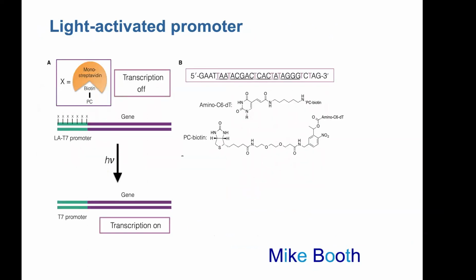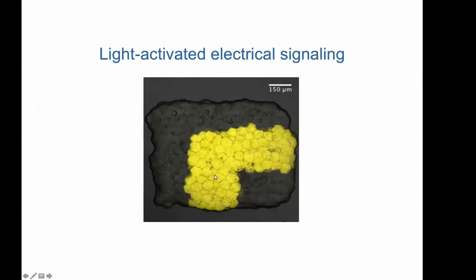So I think a couple of weeks ago, you heard from Mike Booth, and one way that we've been looking at this is to use his light-activated promoters, and that allows us to put a transcription and translation system into these droplets, and we can do that in a patterned manner. And as he will have shown you, when you shine light on these structures, you can express, in this case, a yellow fluorescent protein in a defined part of the structure.